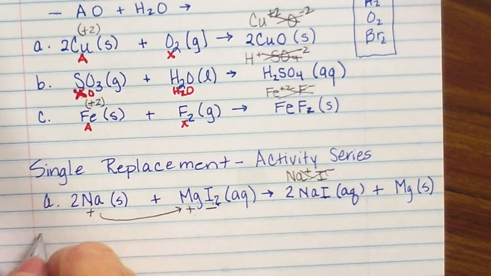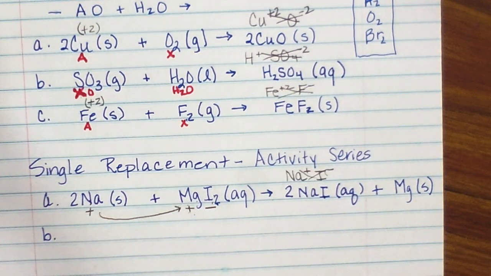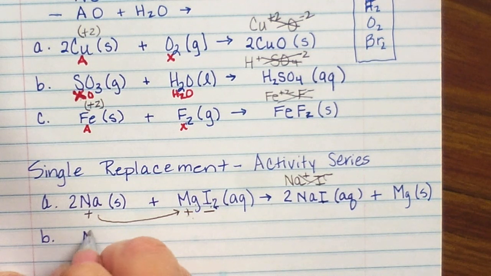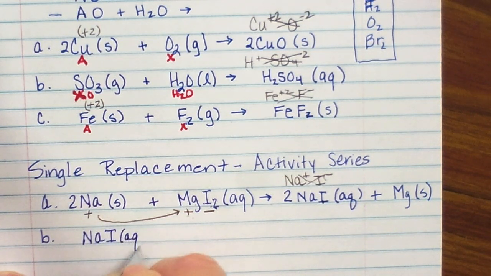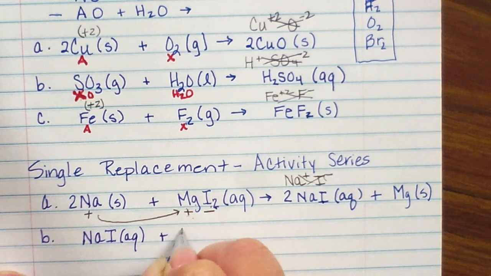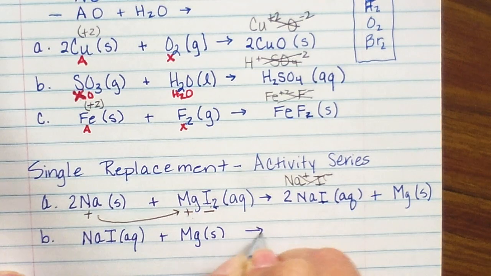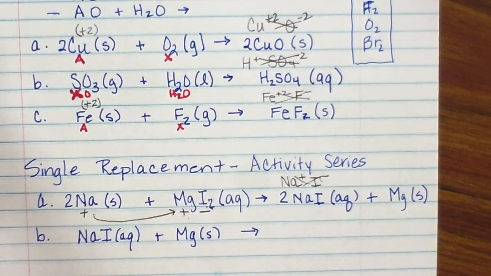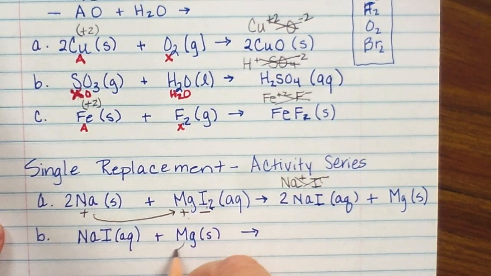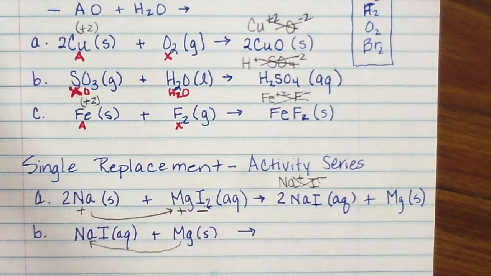Here we go, letter B. So in letter B, same party, but now sodium iodide, which we know is aqueous, meets up with magnesium later on. Okay, it's a rematch, a reduke. They're duking it out. Magnesium wants to take the iodide away from sodium.